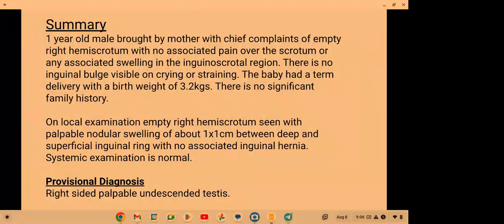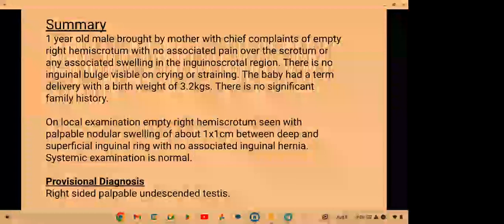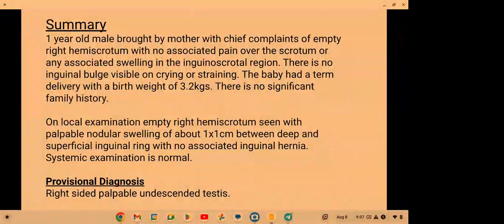Undescended testis many a time is associated in neonates with strangulated hernia also. So you will have to explore, reduce the strangulated hernia, do a herniotomy and do the orchidopexy at the same sitting, because you cannot leave the testis in the inguinal region, as it will form a lot of adhesions and it will be very difficult to do an orchidopexy later.